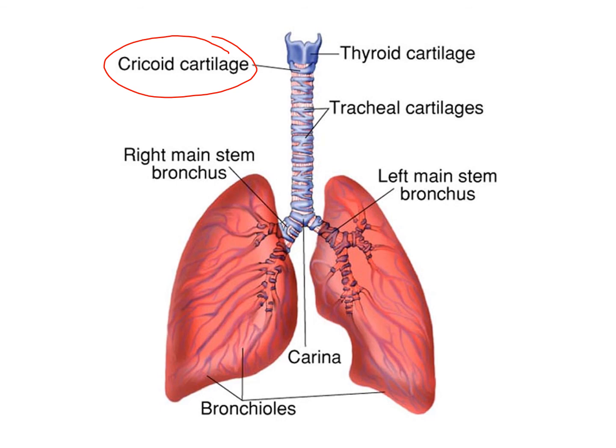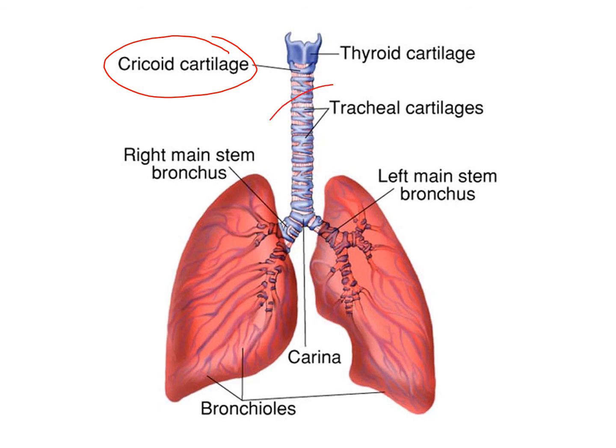That's where you'd perform a cricothyrotomy if you had to do an emergency airway. Immediately below the thyroid, the next bump or outward protrusion you feel is your cricoid cartilage. That's an important landmark because the cricoid cartilage is the only complete tracheal ring.